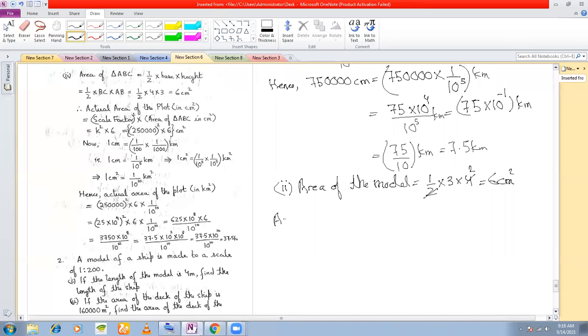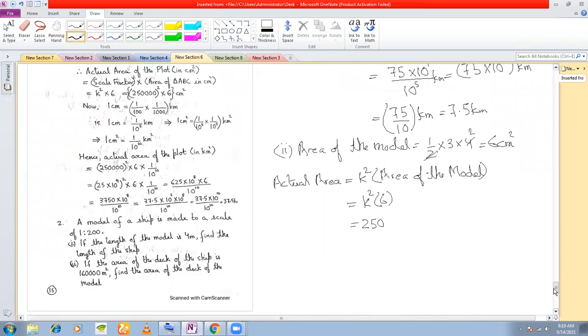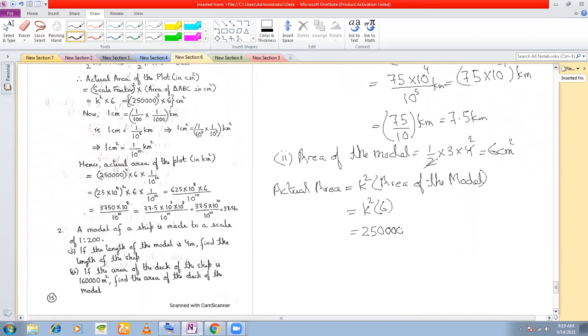So the actual area, when we are talking about area, we square the scale factor into the area of the model, which is equal to k square into the area of the model, 6 centimeters square. You can put the value of k also here. 2,50,000 was the scale factor, right? Yes. 2,50,000 square into 6.